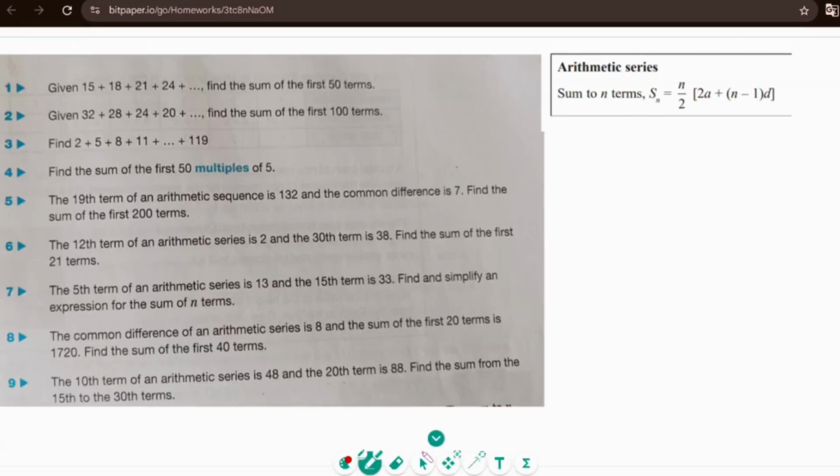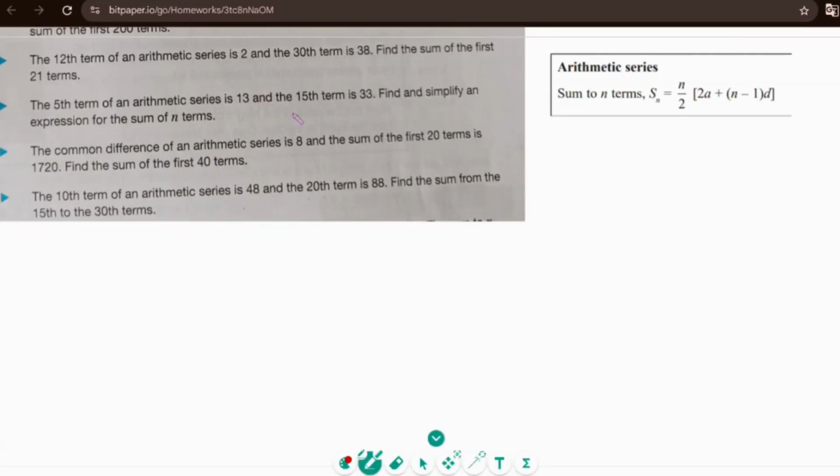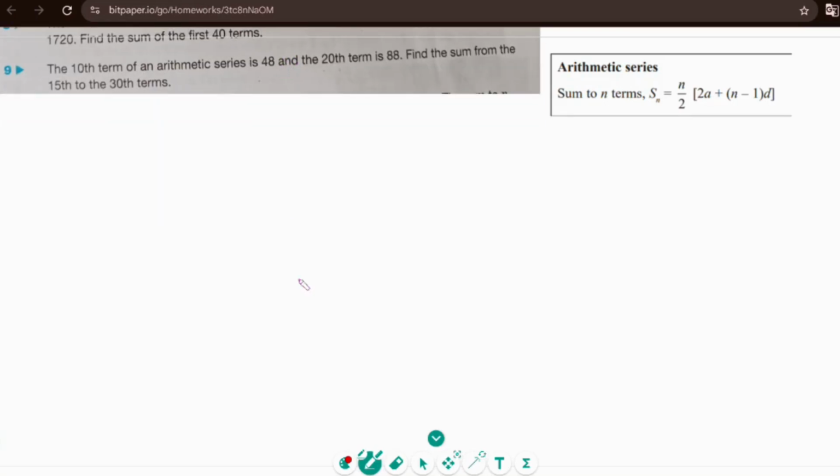Right, and my last question. 10th term of the arithmetic sequence is 48. 20th term is 88. Find the sum from the 15th to the 30th. Right, I need A and D first. I'm just going to rearrange my A's and D's.